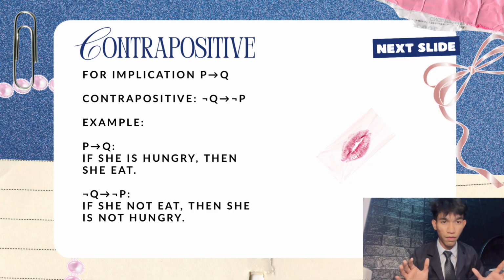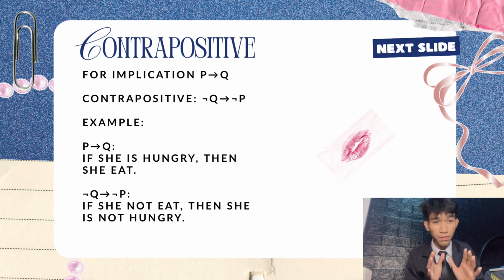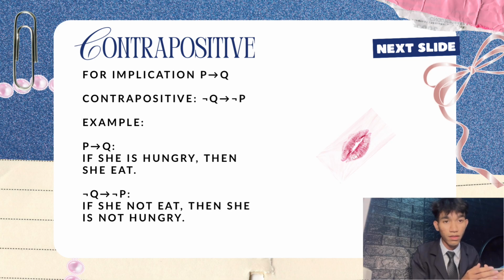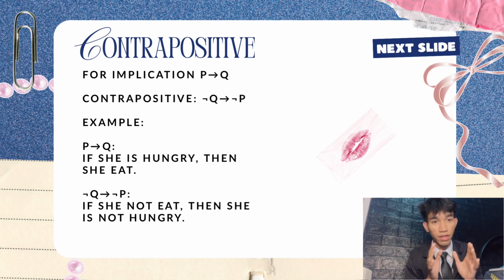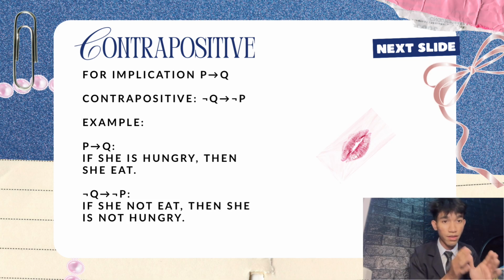Contrapositive. So what is contrapositive? For implication P implies Q, the contrapositive for this implication is negation Q implies negation P. So let's say we use the same P and Q, which is P, she is hungry, and Q, she eats. So the contrapositive of the implication P implies Q, which is if she is hungry, then she eats, is if she does not eat, then she is not hungry.